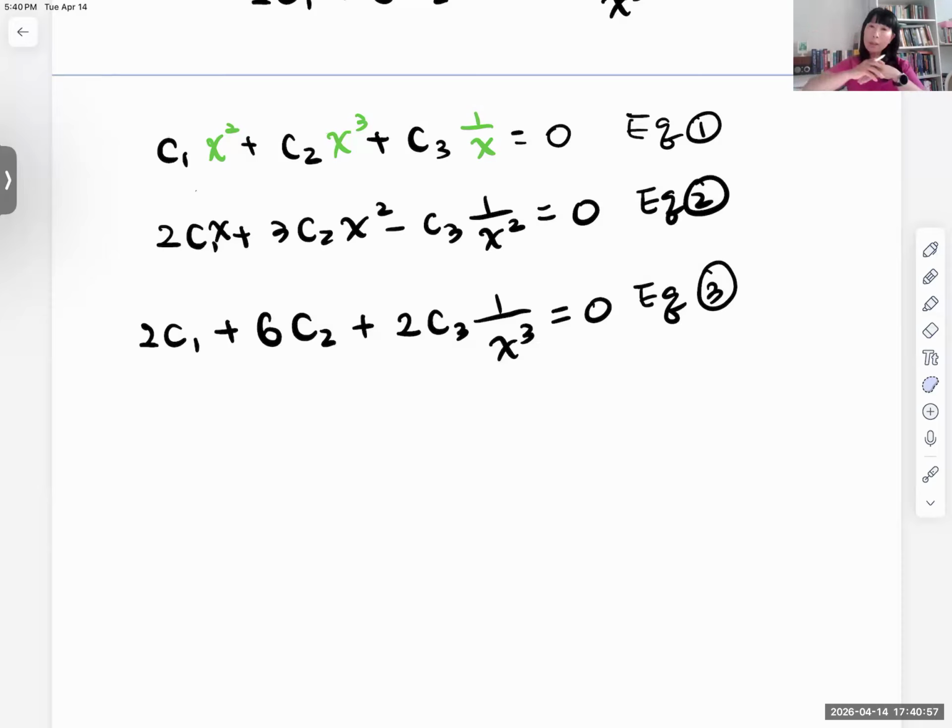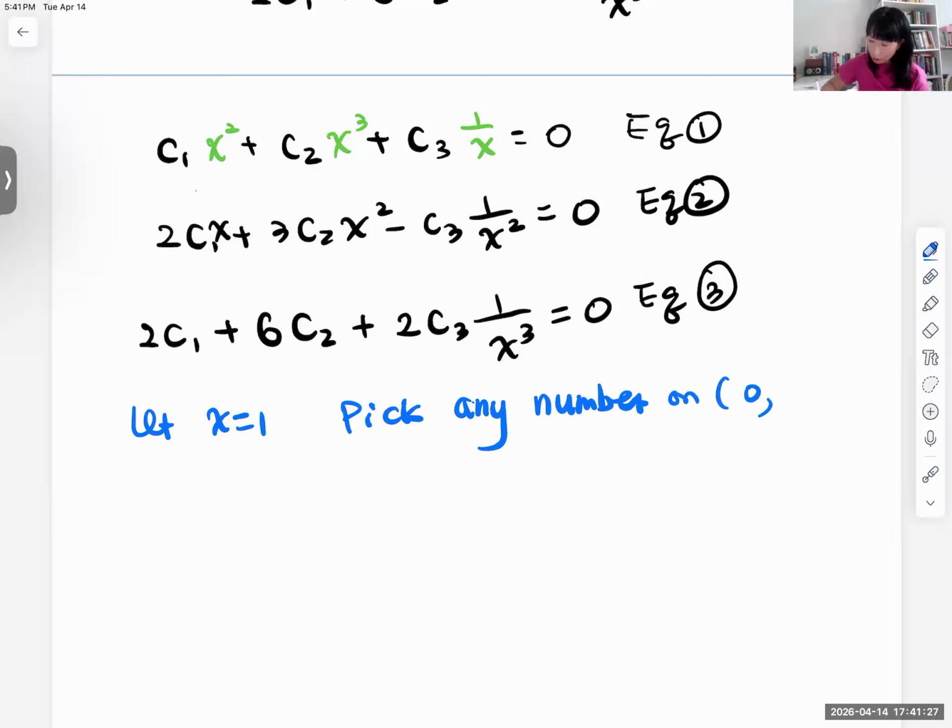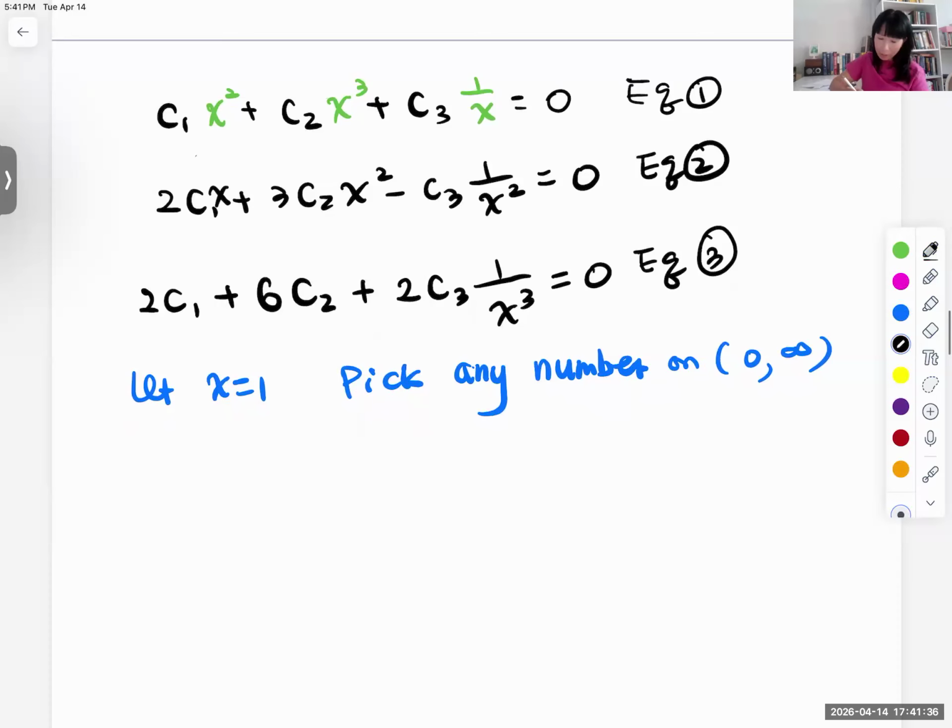That's why we arbitrarily pick 0 sometimes, 1, or -1 most of the time, for 0 to positive infinity. Okay, then let's just substitute everything. So what do you get? We have c sub 1 plus c sub 2 plus c sub 3, since x equals 1, equal to 0.